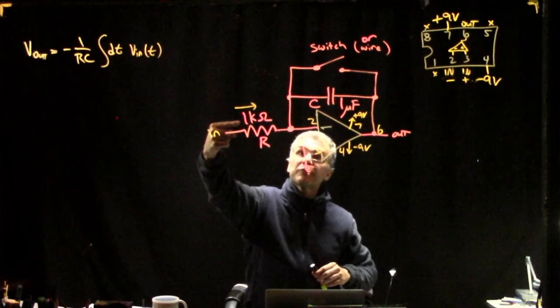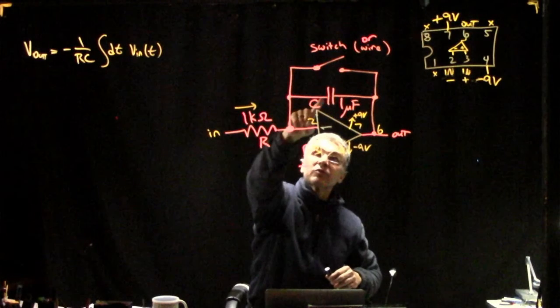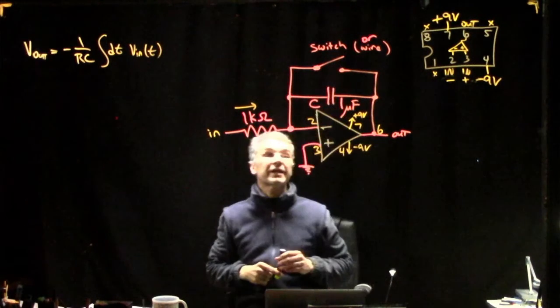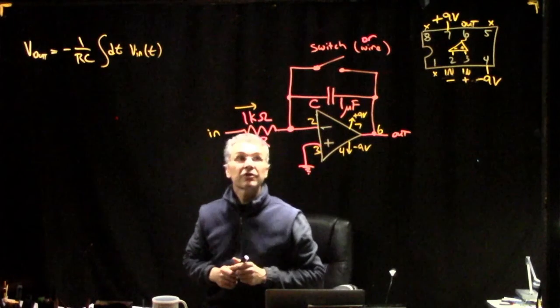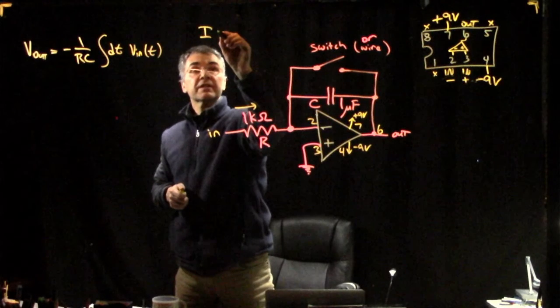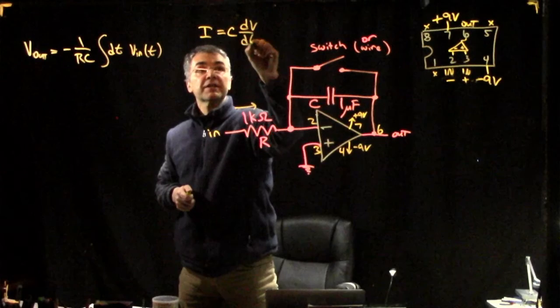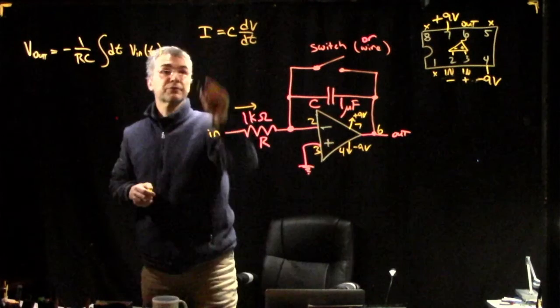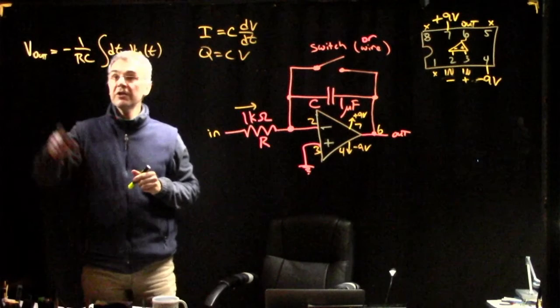When the current flows through that way, then this end will be more positive and this end will be more negative. And this stays at ground, so that makes V out negative. Remember for a capacitor I equals C dV by dt. It's just a time derivative of Q equals CV. You take the time derivative of both sides.